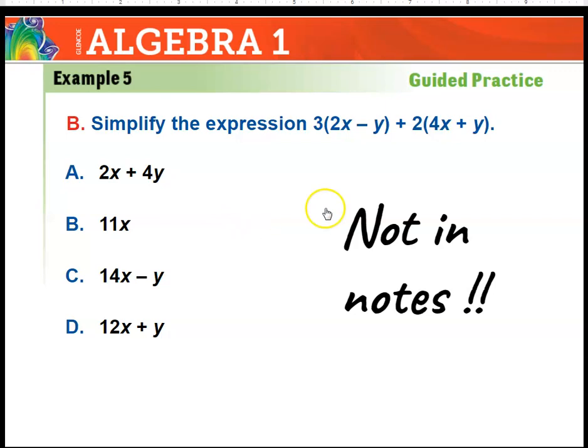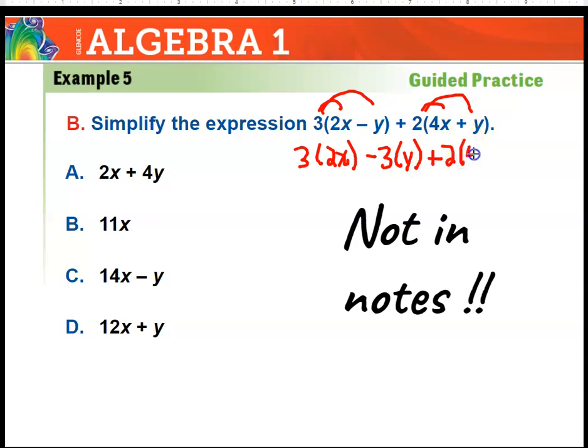Okay, coming back. Let's take a look at this. I have 3 times in parentheses 2x and minus y, and 2 times 4x and positive y. So I put 3 times 2x minus 3 times y plus 2 times 4x plus 2 times y.